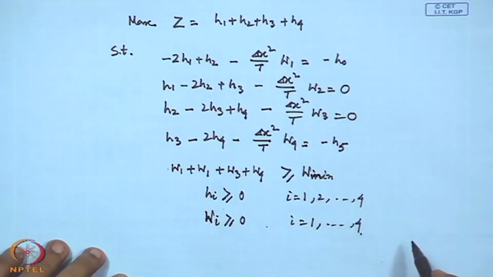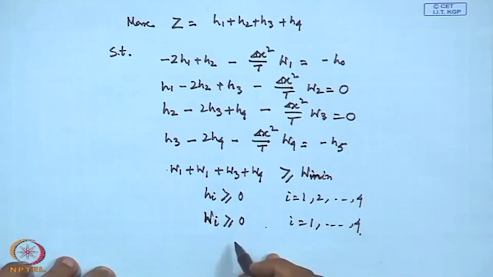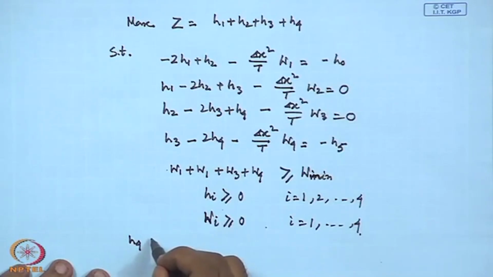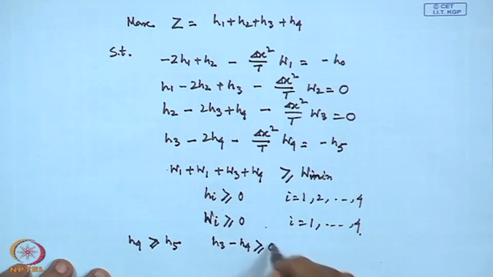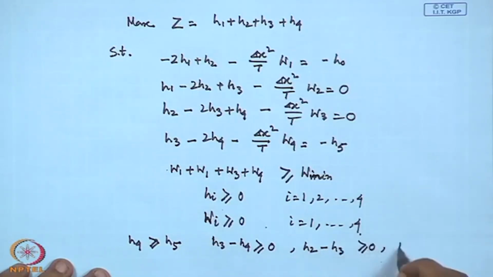So, in this model, additional constraints we can put that H4 should be greater than H5, then H3 greater than H4, that means H2 greater than H3, and H1 minus H2 is greater than 0, and finally H1 is less than H naught.